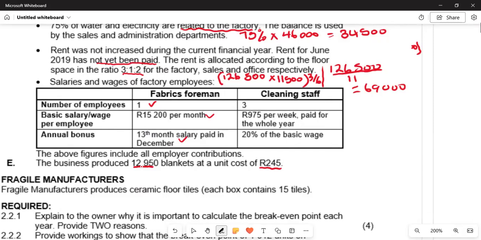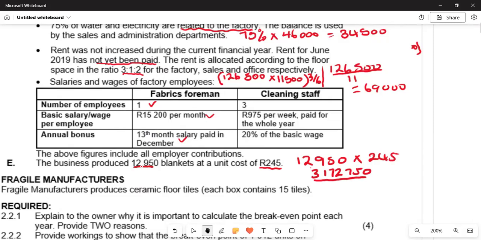So all we are going to do is say 12,950 multiplied by the unit price, which is 245. That's how we are going to do it, which is going to give us 3,172,750.